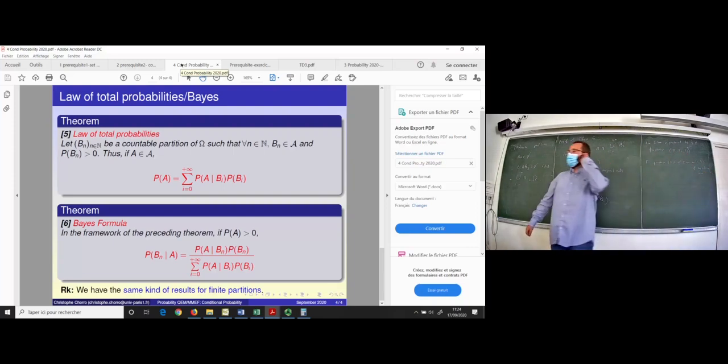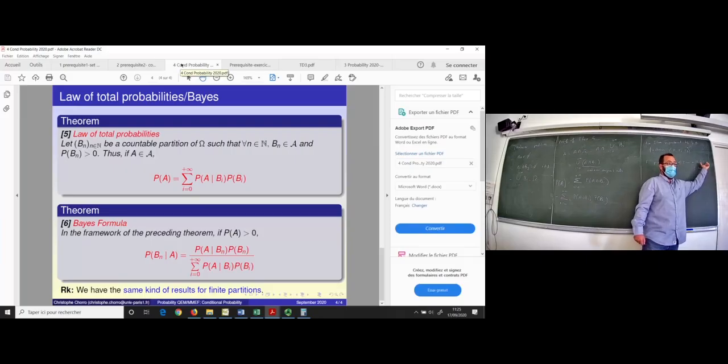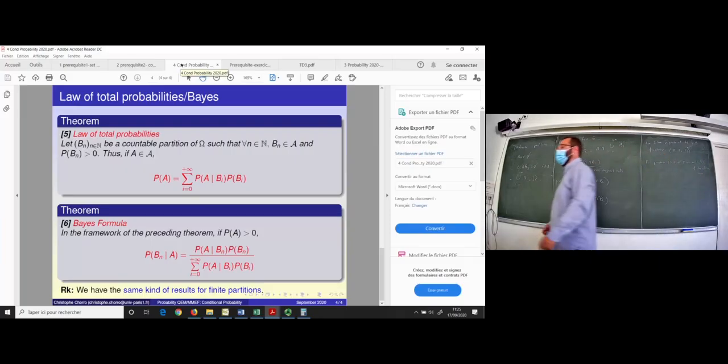So it produces 20% of the total production of the item, and you know that factory 1 produces the item with 5% of them defective.